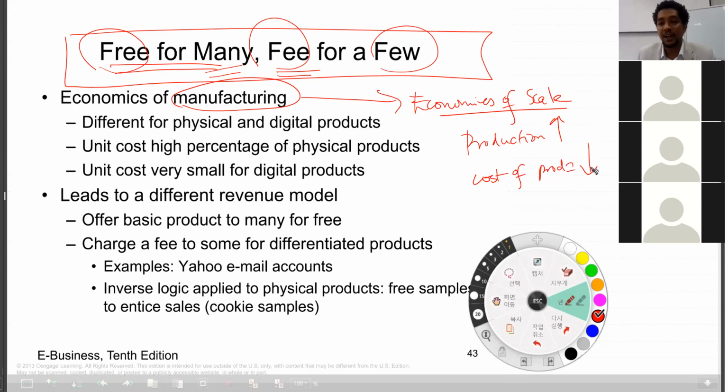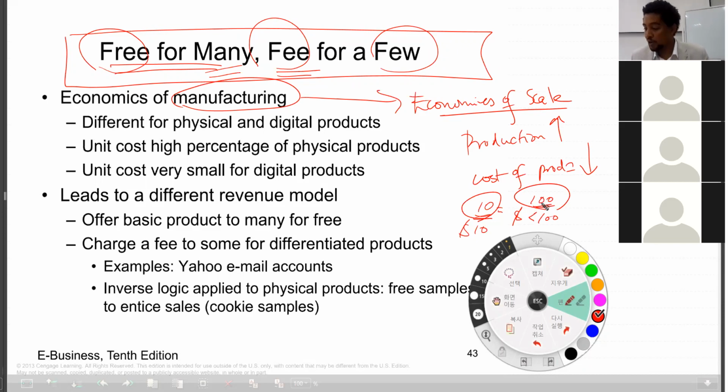Because when you specialize and have all the material set, for example, producing 10 items of the same product, let's say, will cost you $10. But producing 100 of the same items will cost you less than $100, okay? Not $100. You might think that if it is $10 for 10 items, it should be $100 for 100 items.